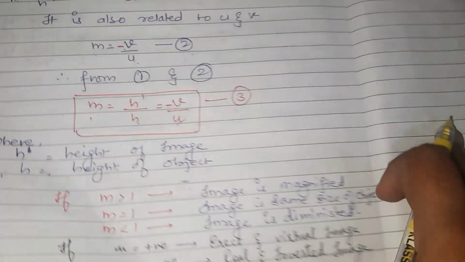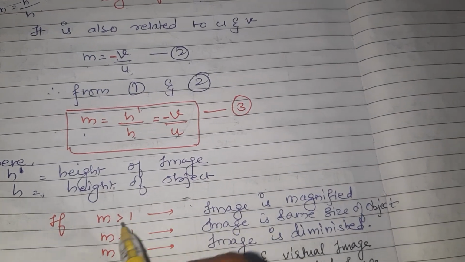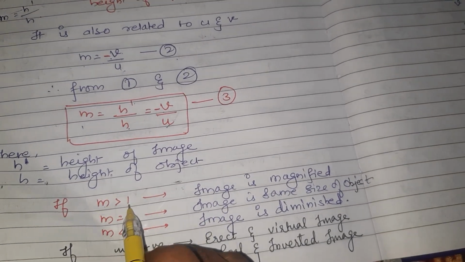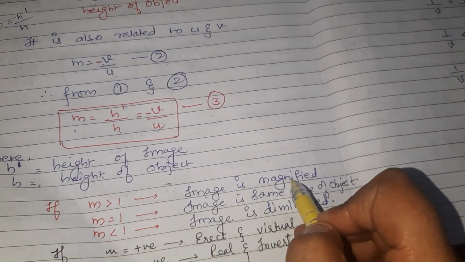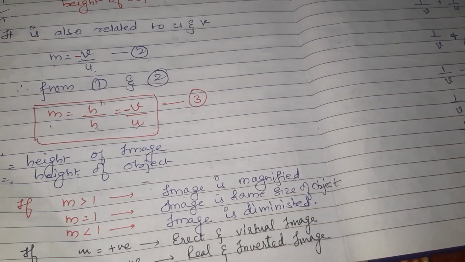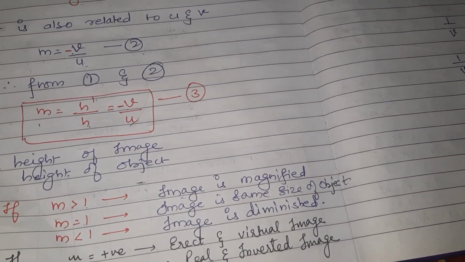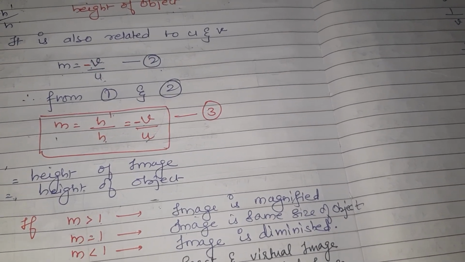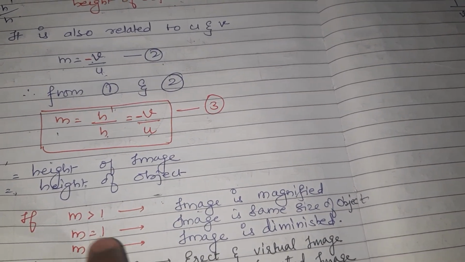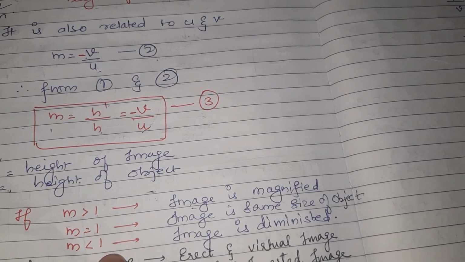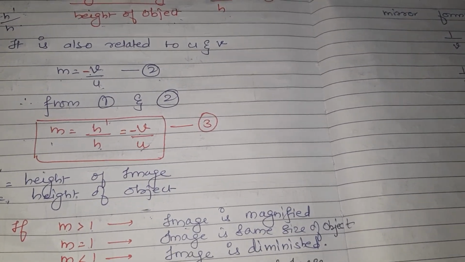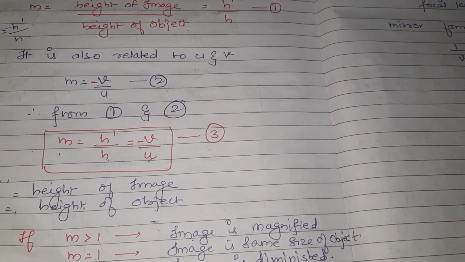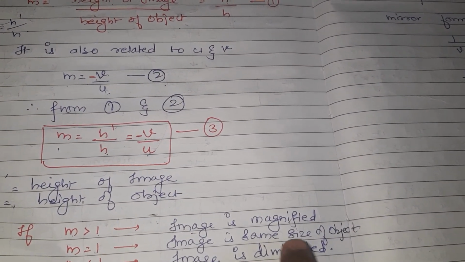Always remember that while calculating, if you get the value of magnification greater than 1, then the image is magnified. What do you mean by magnified? The size of the image is more than that of the object. If m is less than 1, that is 0.5 or 0.2, something like that, then the image is diminished.